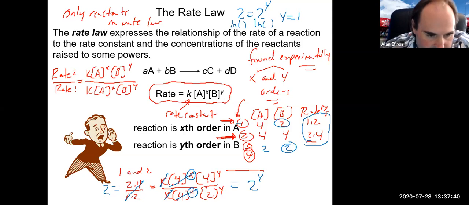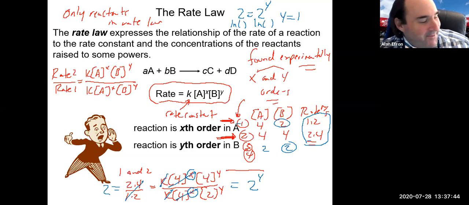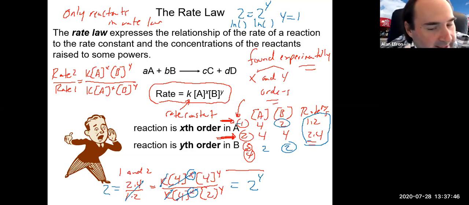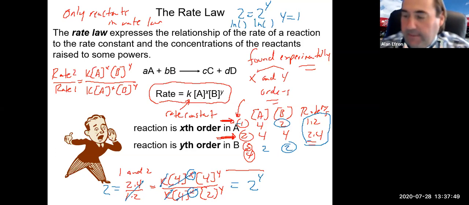Okay, so we are continuing on here with kinetics. Remember that kinetics basically tells us about how fast or slow a reaction proceeds.